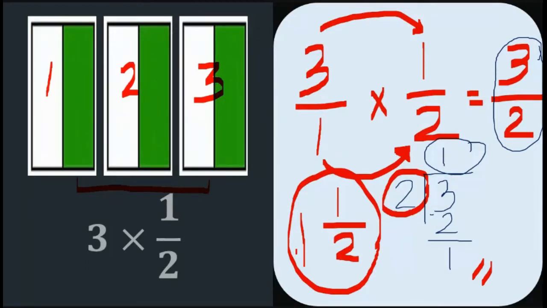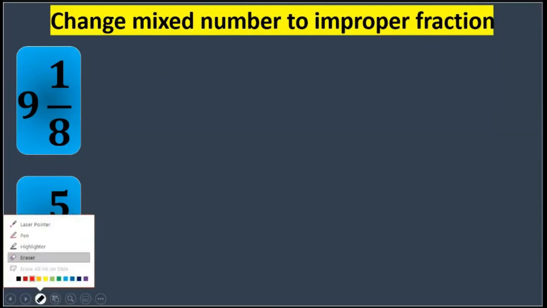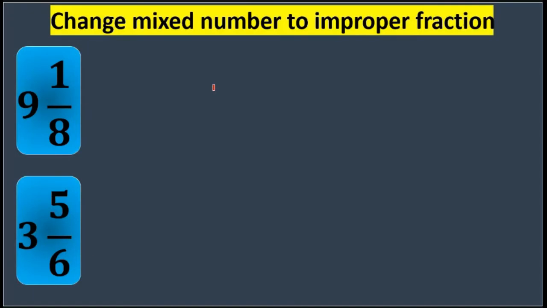let's have more practice. Now, you need to simplify first. Ma'am, why do we need to do that? Because when we multiply a mixed fraction by a mixed fraction or by a fraction, you first need to make the mixed number into an improper fraction. How? You multiply this and then you add this one.